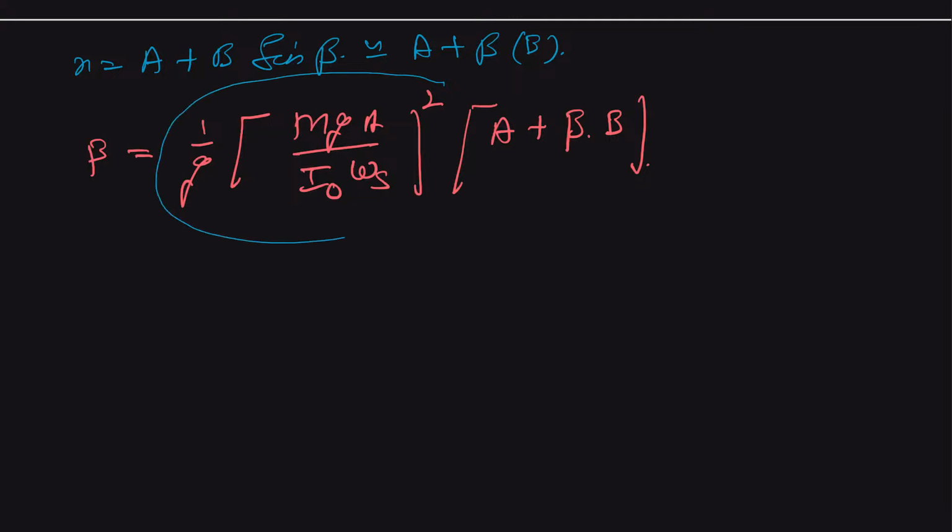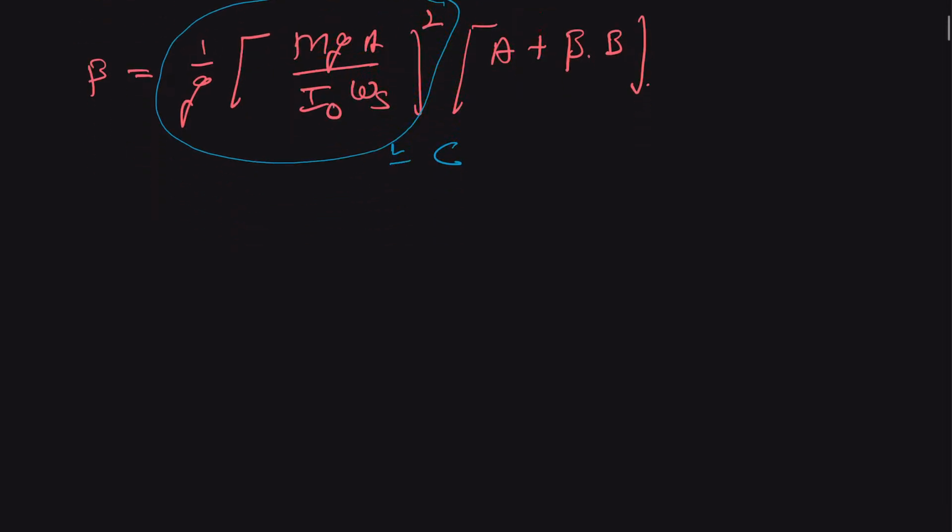Okay. So let us assume that this is equal to another constant, that is c. So we get our beta will be equal to c times a plus beta times bc.